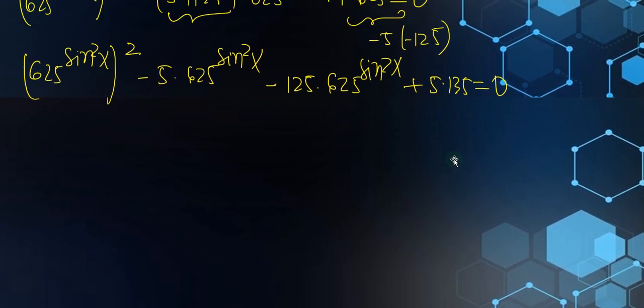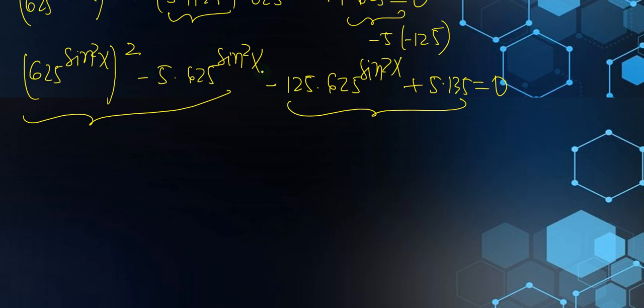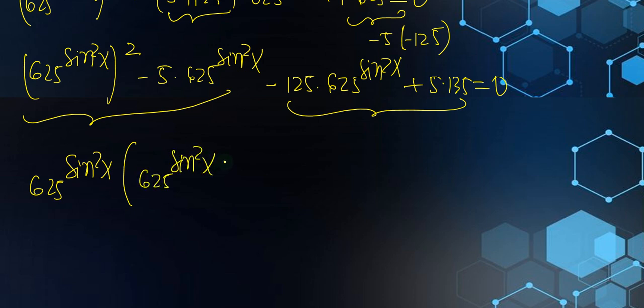So as you can see, now I can factor this 2 and this 2 here. The common factor here is going to be this one, so I'm going to put this one out, sine square x, which will multiply 6 to 5 to sine square x, because we have 2 here, and then minus 5.